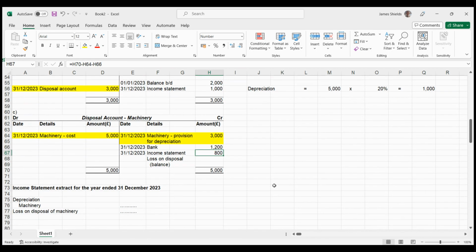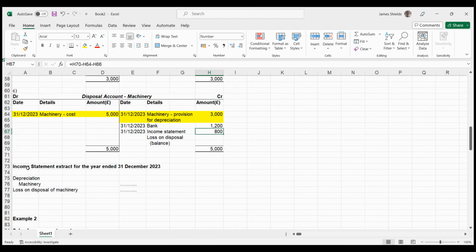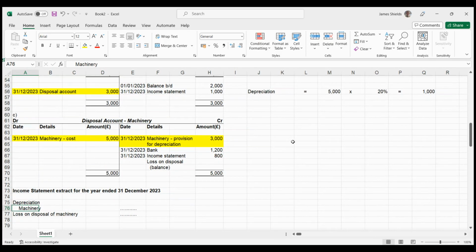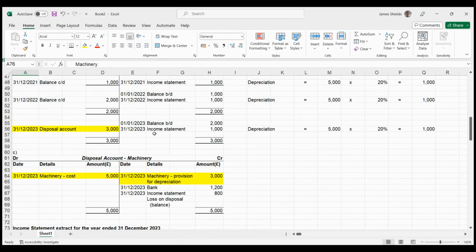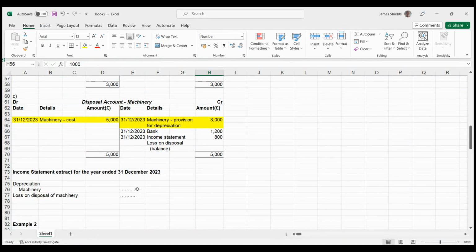So now let's look at the income statement extract for the year ended the 31st December 2023. Right, depreciation for machinery. So I go back to the depreciation account, and year ended 31st December 2023, that's £1,000. So that's going to be £1,000 there. And let me just highlight that one in a different colour to help you out.